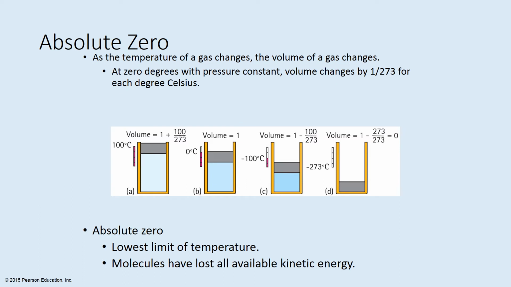Now, one of the principles that we discussed in the last chapter was that there is a lower limit to which the temperature of a mass of material can be reduced.